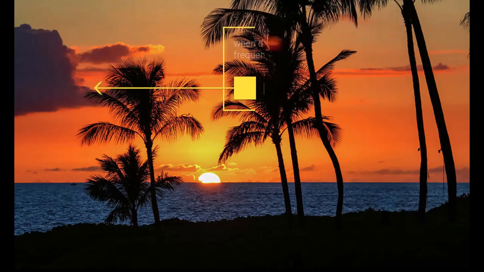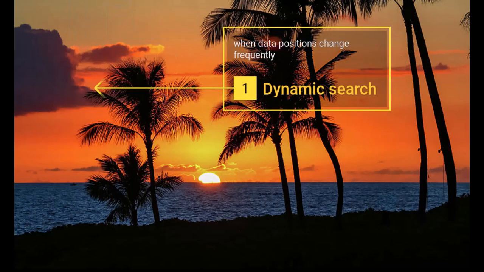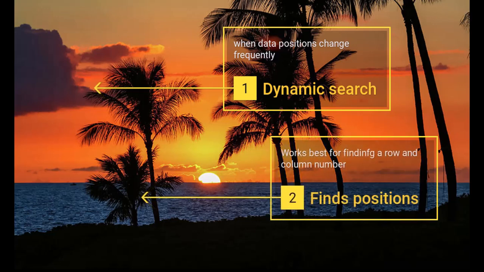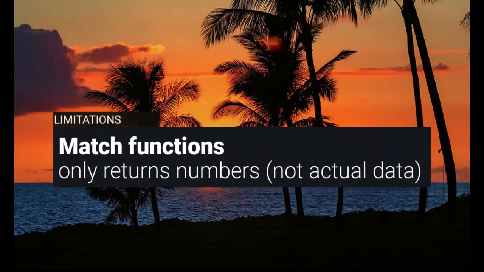When we use MATCH, it is for dynamic search when data position changes frequently. Finding position works best for finding a row and column number. Limitation of using the MATCH function: MATCH only returns a number, not the actual data.